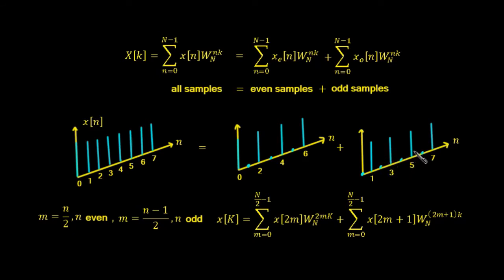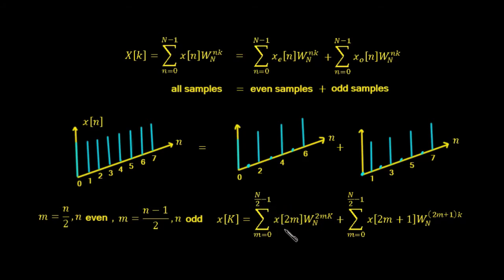So it means that we take all of these values here, and again we shift them to the points 0, 1, 2 and 3. And you see that's written out mathematically here, because if we take the DFT here, now it's a sum from the index, which is now m, equals 0, to the value of, it's no longer n, but n upon 2 minus 1.